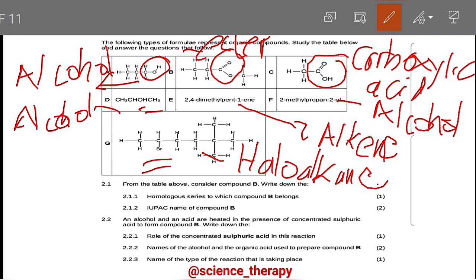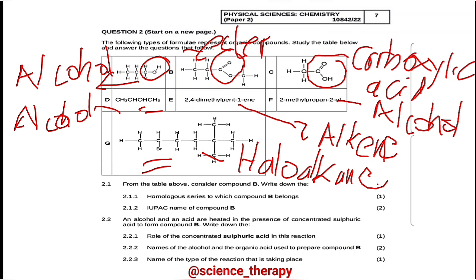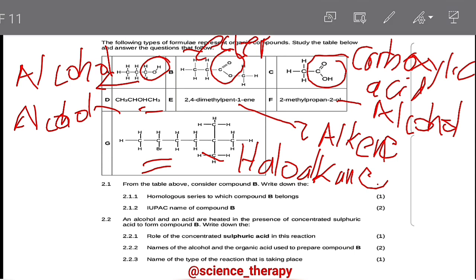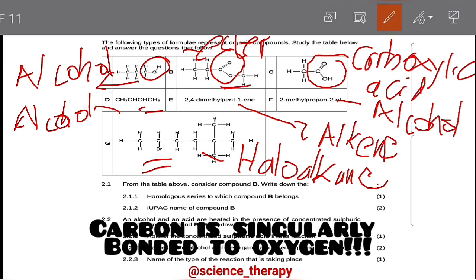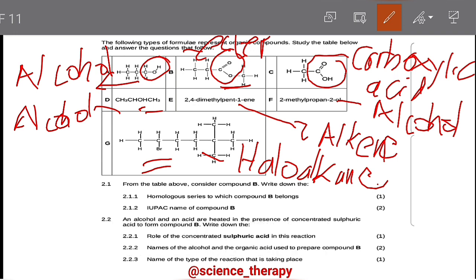The side of the alcohol is this one, where the carbon is directly connected to the oxygen. The alcohol that was used there has only one carbon, which means it's methanol. Removing the -anol from methanol, we have methyl. So here we have methyl.